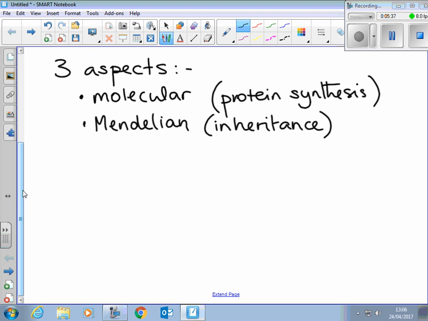And then you also have population genetics. Population genetics looks at how the number of versions of a particular gene, what we call alleles, will vary in populations.